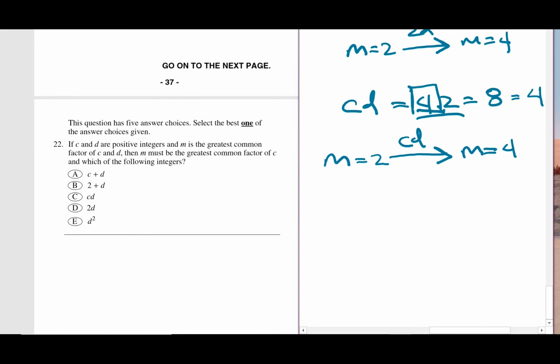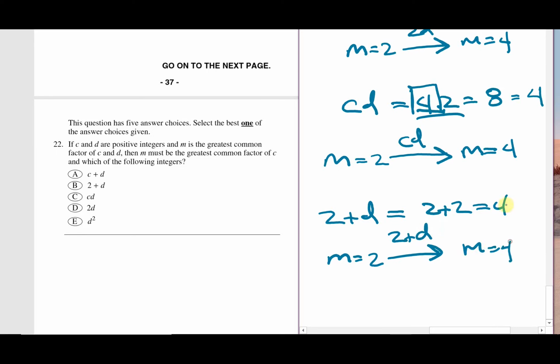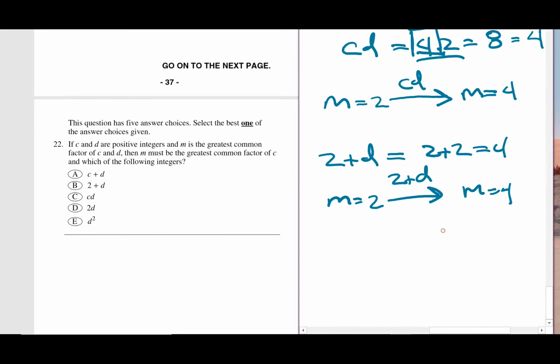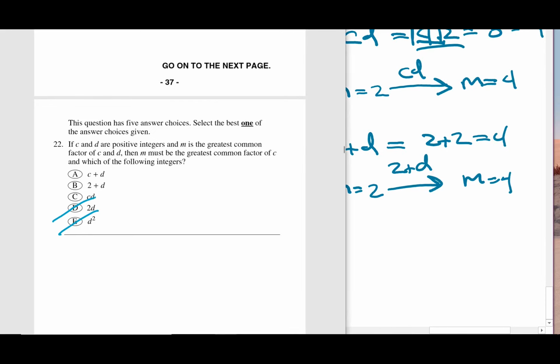And then 2 plus D. Well, 2 plus D equals 2 plus 2, which is 4. So again, M equals 2 initially, and you do 2 plus D's transform, and then M becomes 4 because that's a factor of C. They're both equivalent, so they have the same factor, and therefore M is the same. And so it doesn't follow for E, D, C, or B, so your answer has to be A.